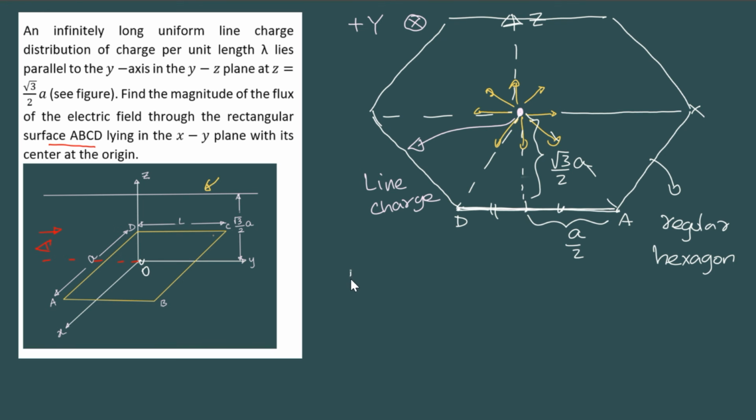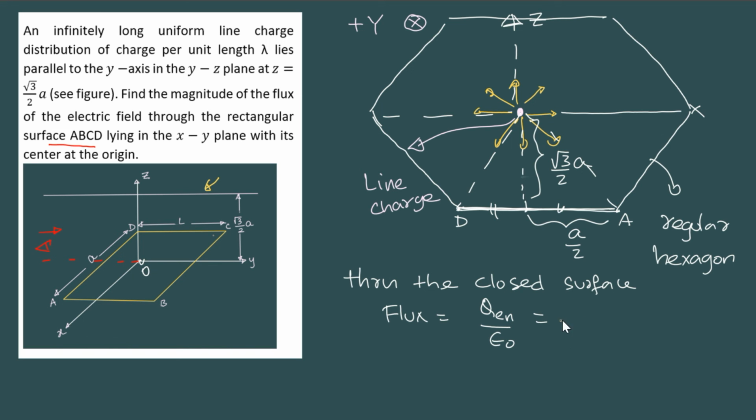Through the closed surface, the flux will be the charge enclosed divided by epsilon naught. Now what is the charge enclosed? Into the board, we are only interested in a length L of the wire. It's an infinite wire, but within the Gaussian surface, only L length of the wire is present.